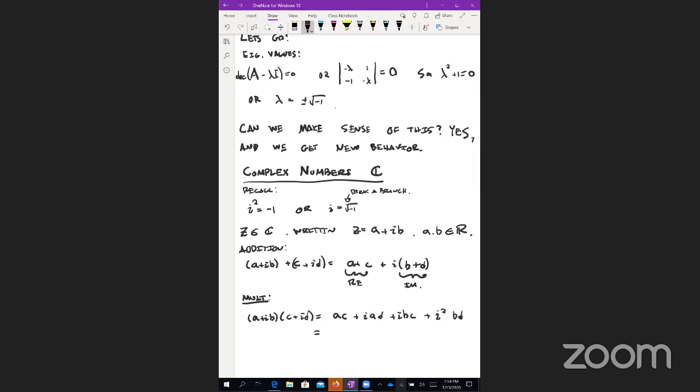And so this is ac minus bd plus i(ad plus bc). Great. Again, this is the real part, and this is the imaginary part. This is your crash course in complex numbers.